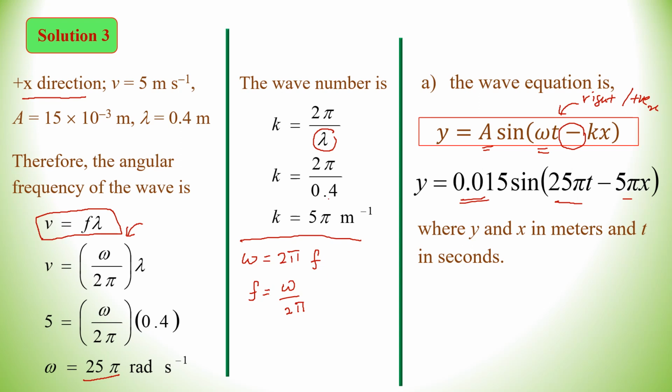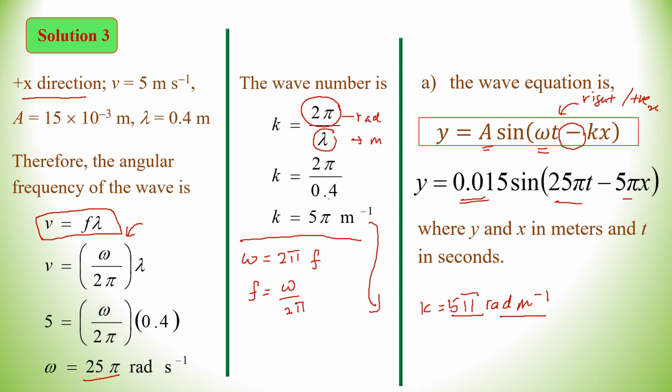So 5 pi. Okay, K equals to 5 pi radian per meter. Why radian per meter? The unit for 2 pi is radian, the unit for lambda is meter. So the unit for wave number is radian per meter.